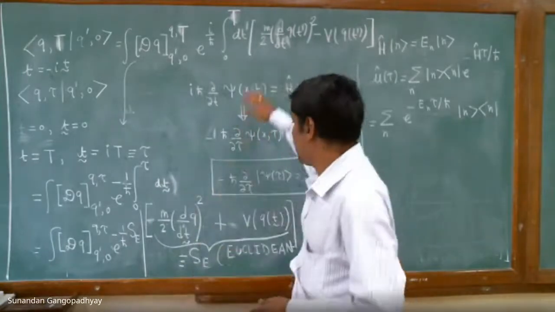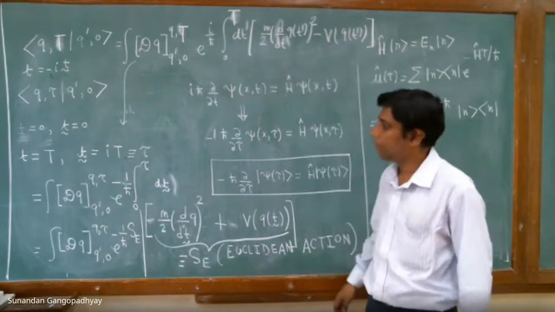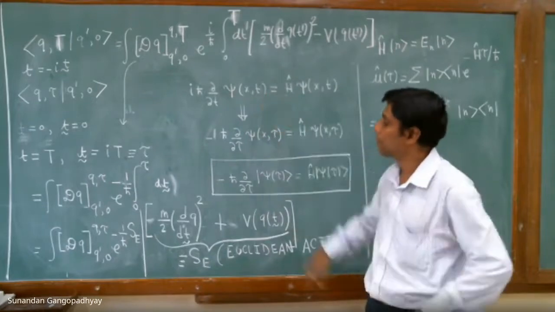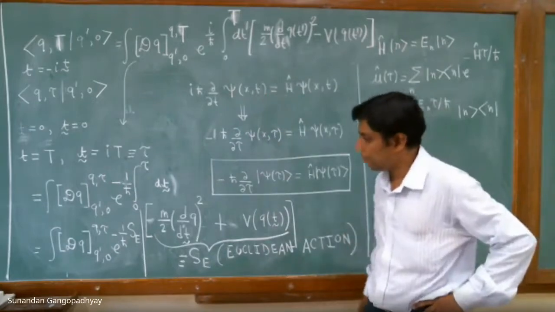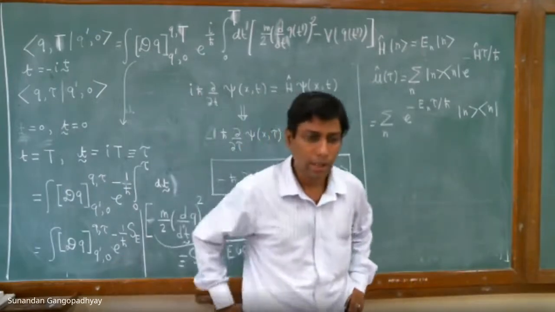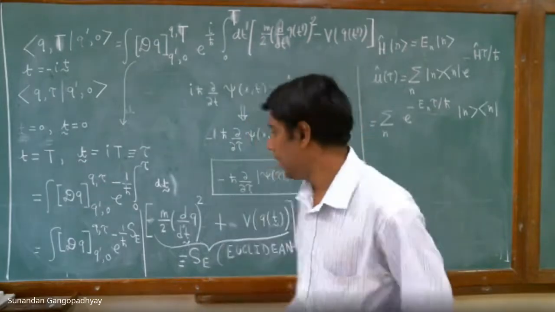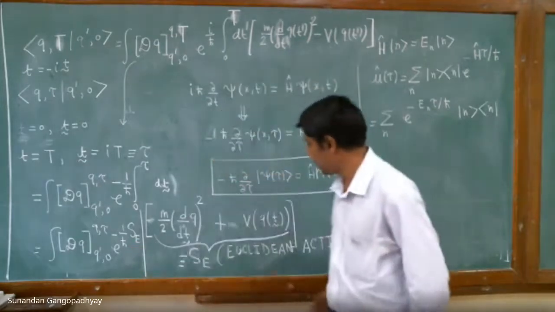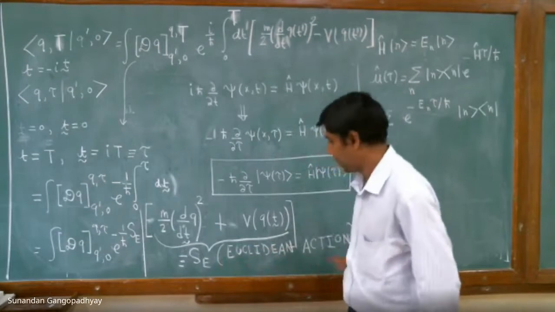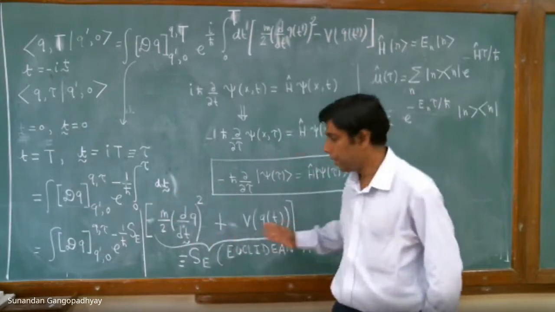So you just go through these ideas, the steps, and convince yourself that you indeed get this kind of an object, which is the Euclidean path integral. And this has certain advantages, because this is very well defined, and along with this Euclidean path integral, we have the Euclidean action, where the action is written in this way. This is the Euclidean Lagrangian.